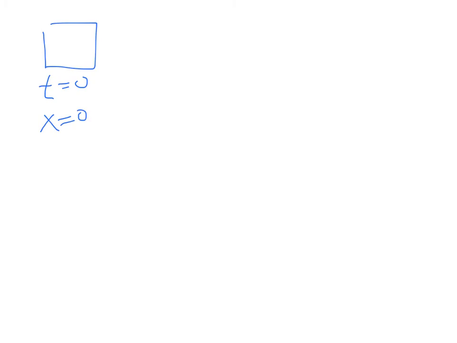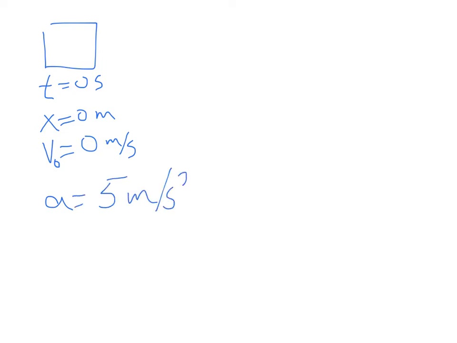And if it's at rest, its initial velocity, v naught, is also equal to 0. Okay, and so if we want units, we'll say that's seconds, meters, and meters per second. And let's say it has a uniform acceleration. So acceleration is constant, and it's 5 meters per second squared.